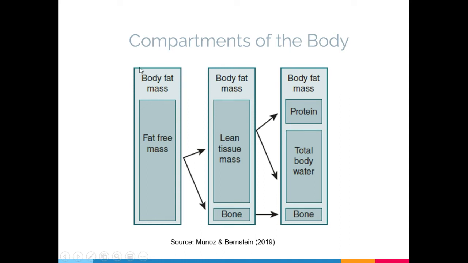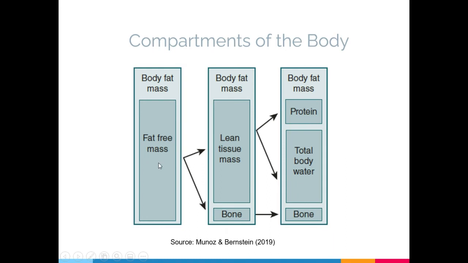So dirita sa two compartment model, for body fat mass, okay, usually mao lang ni ka compare nimo sa fat free mass no mas dako ang fat free mass. Okay? And fat free mass would include the lean tissue mass and then the bone. And then the lean tissue mass is further divided into two, the total body water and then the protein. Okay?